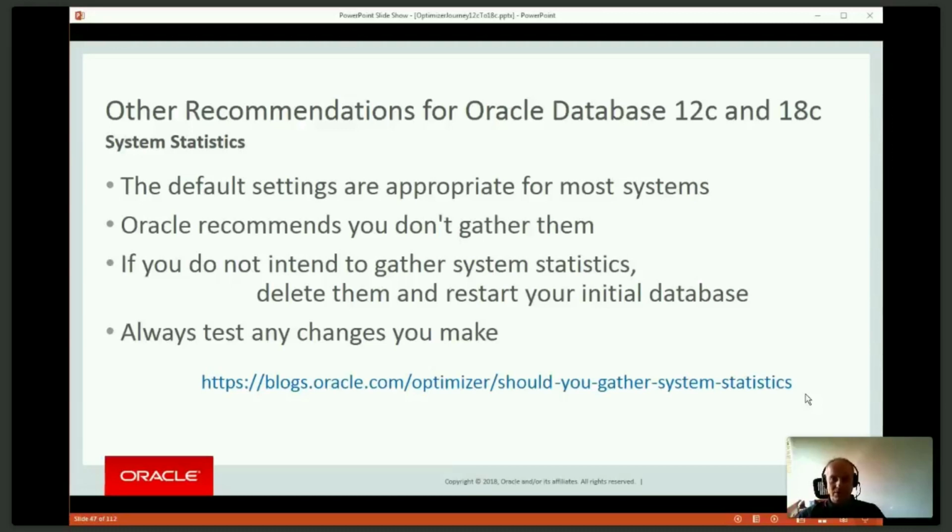So it's not something you're going to just proactively jump on. But if you're considering upgrading, for example, that's a good decision point for you to decide whether you want to continue to gather system stats. If you're doing system testing and you want to move forward with a clean slate, so to speak, then consider deleting system statistics. That's a change to the current recommended best practice. And if you check out the Optimizer blog, I go into much more detail about why it's best to take the defaults in most cases.